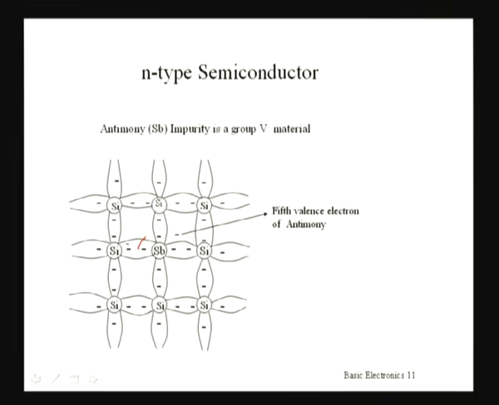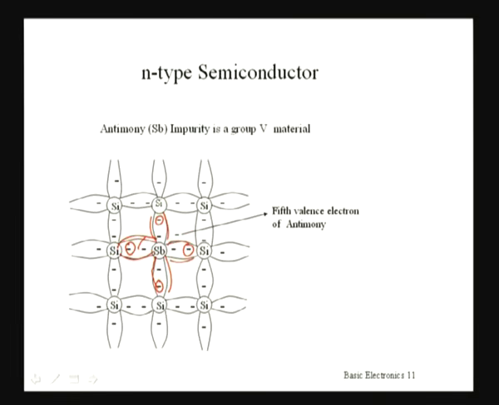So these are the silicon outermost orbit electrons. And as we have added 1 antimony atom, which has 5 electrons in the outermost orbit, it will be sharing these electrons with the silicon atoms, and these covalent bonds will be completed. 4 and 4, 8 electrons are there, so these covalent bonds will be completed.